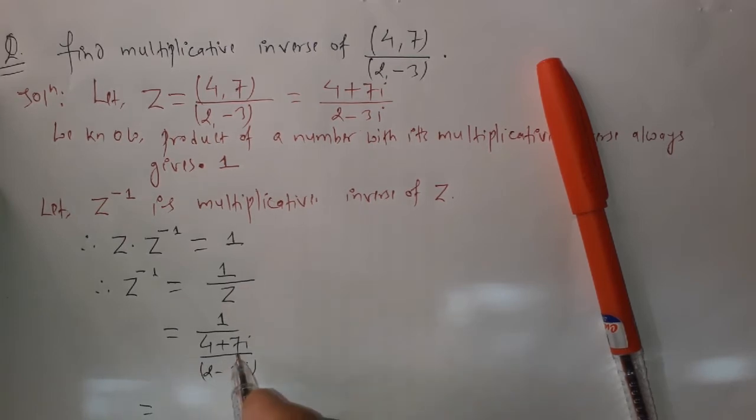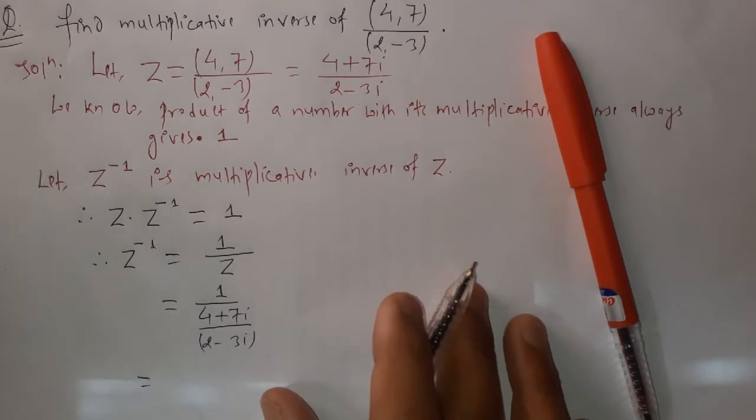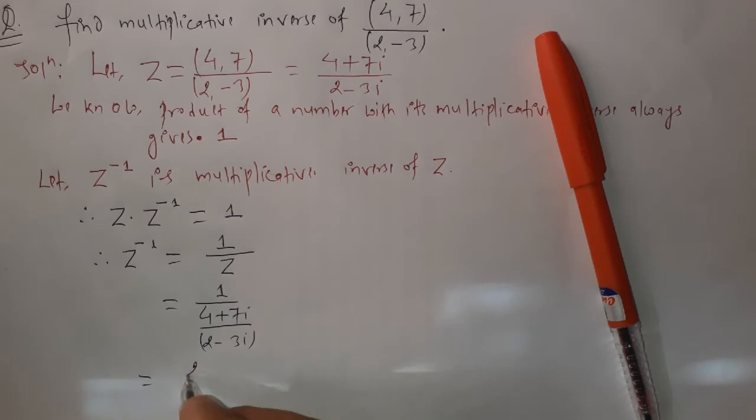Now using the concept of fractions, 2 minus 3i goes in the numerator. This can be written as 2 minus 3i divided by 4 plus 7i.